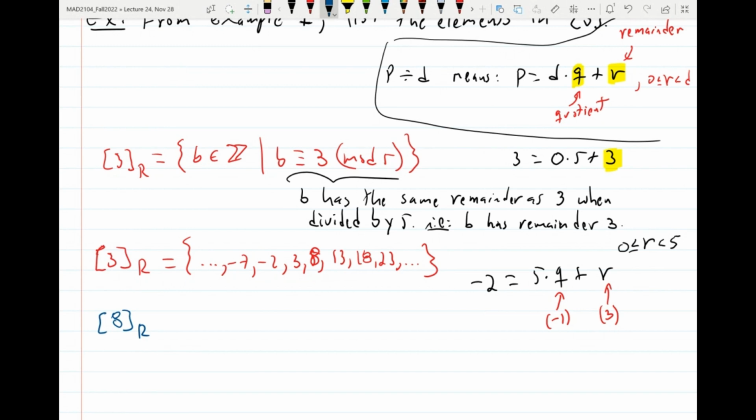Is the same. Understand this? I mean, 8. If you think about it, you start at 8 +5 -5, you produce exactly the same set. Yes? So notice that this is the same as the equivalence class of 3.